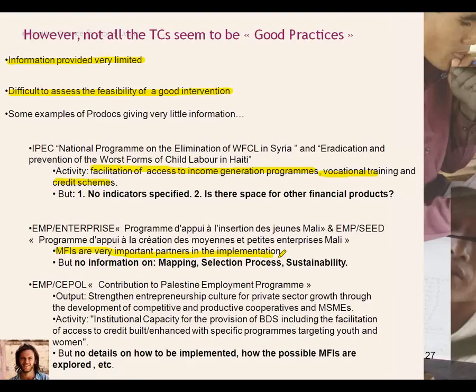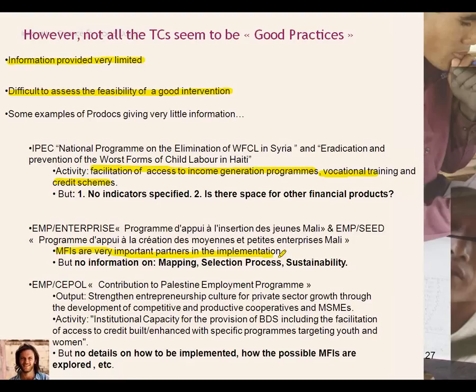So there is a need to carefully investigate the extent and the nature of, if there is such a thing, the gap between demand and supply of financial services. If we do this, we will be able to determine how a project could bridge the gap and with which intermediaries we could make partnerships to go about it. For example, these projects had no information on how the microfinance institutions will be selected to assure that they were the right partner.